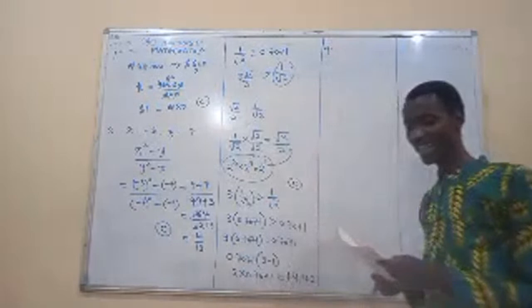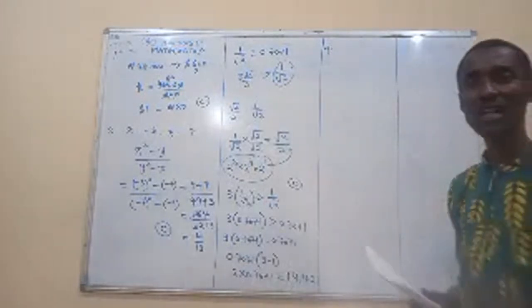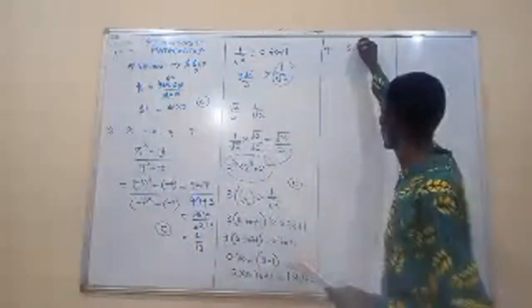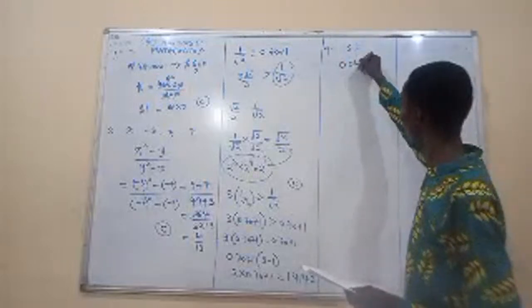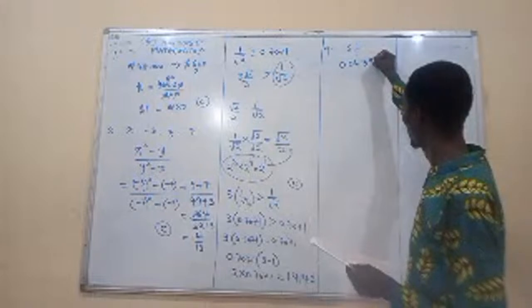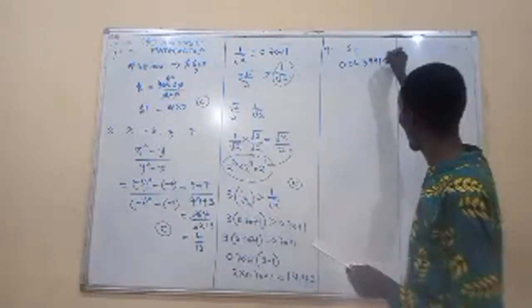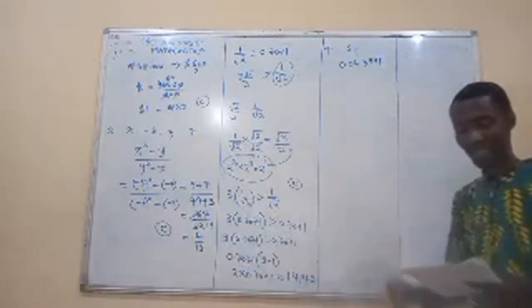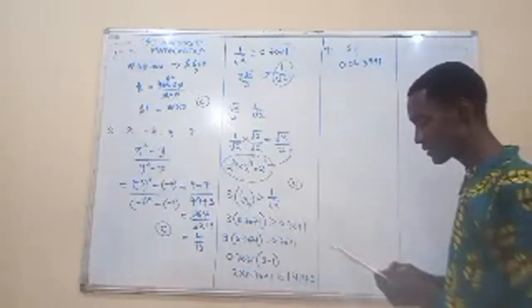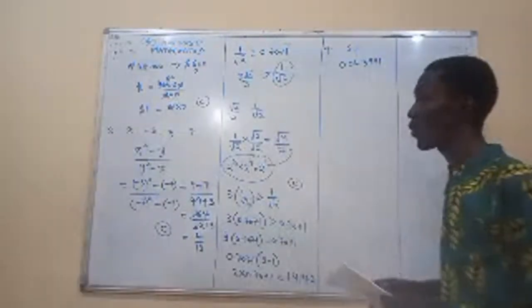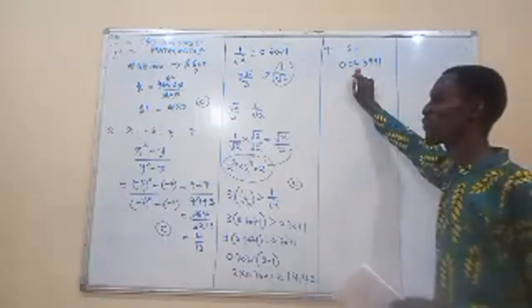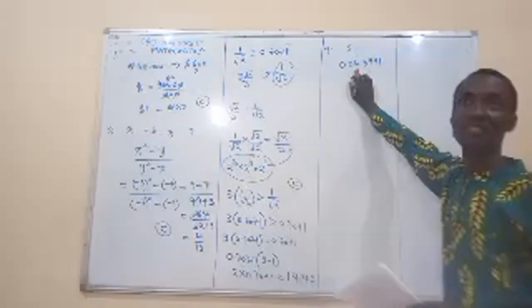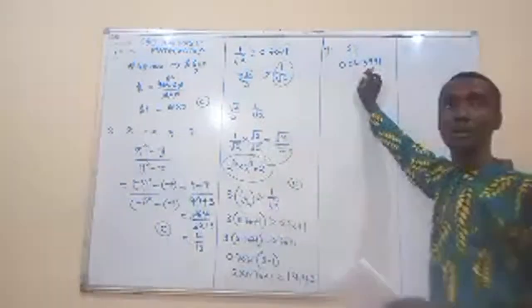Number 4 is testing your knowledge of significant figures, SF for short. I am told 0.043991. Correct to what? 3 significant figures. What is significance? Significance has to do with the first non-zero digit, and then you read continuously.